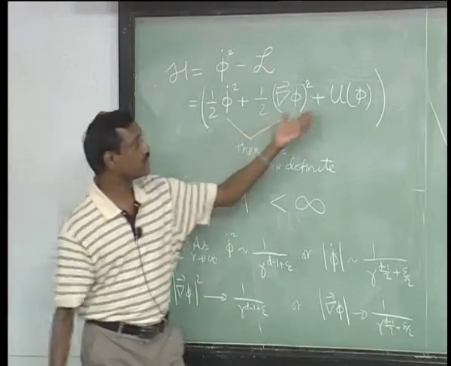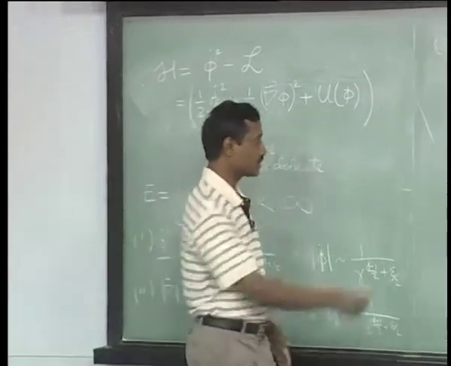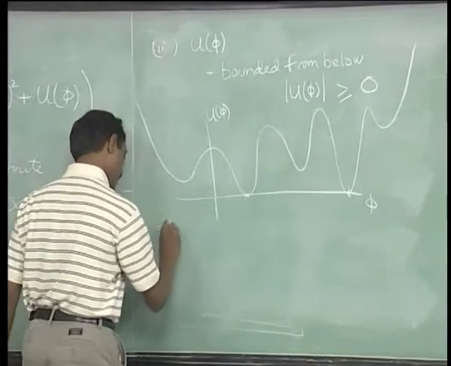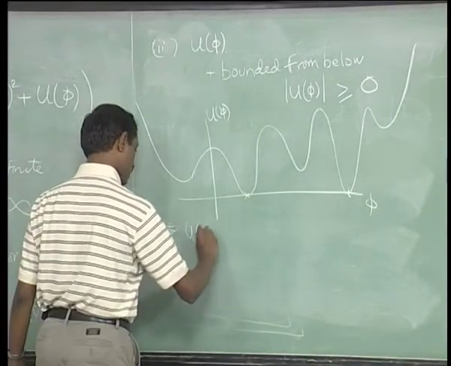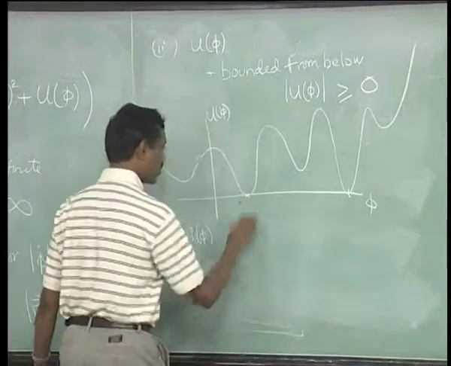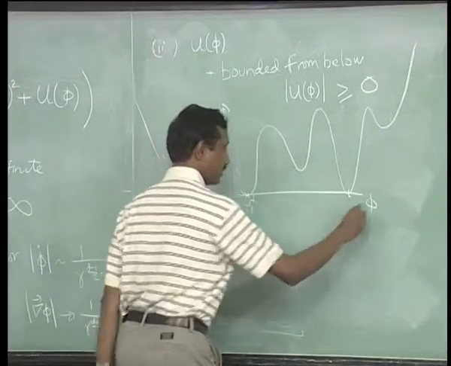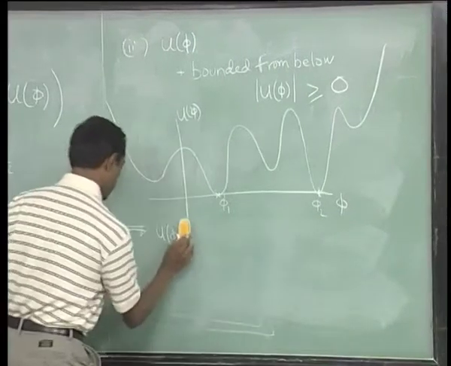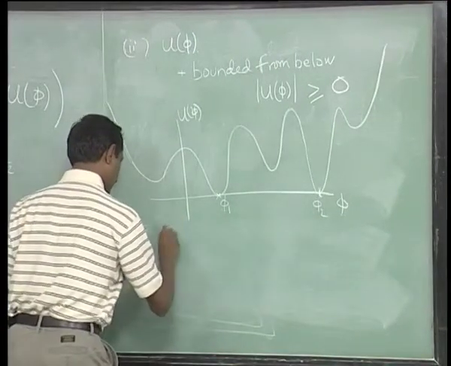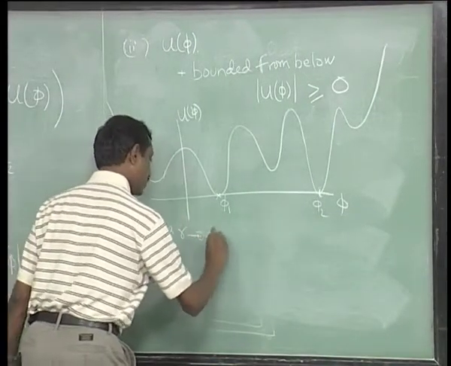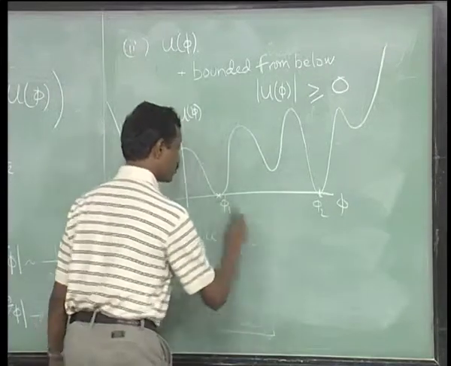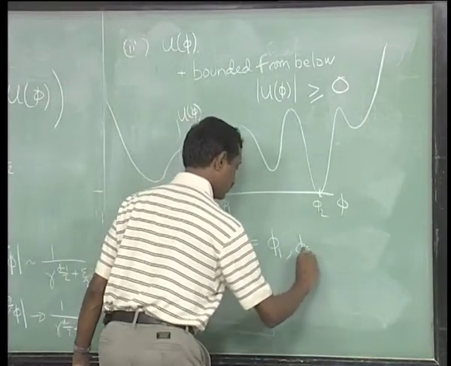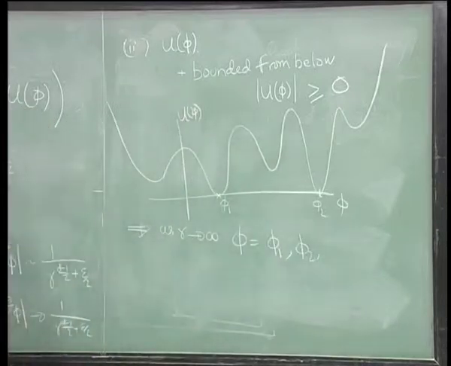So what about this piece? This implies that, let us call these special points phi 1 and phi 2, as r tends to infinity, phi should be one of those minima which take 0 values, where it takes 0.